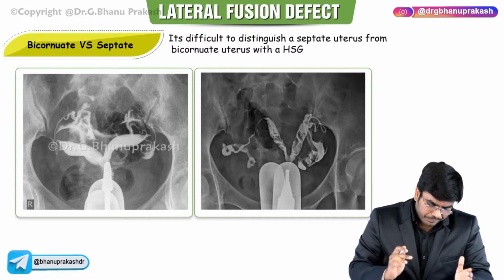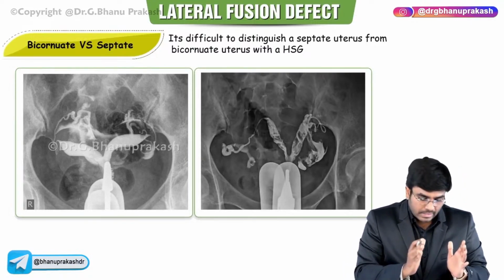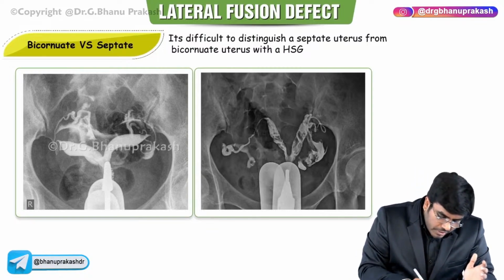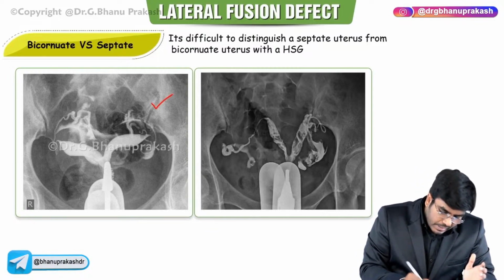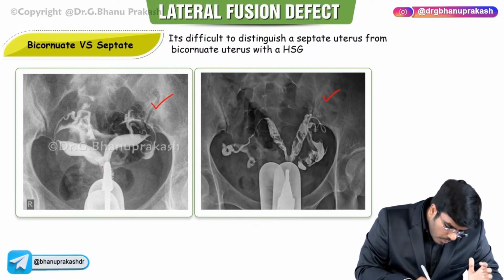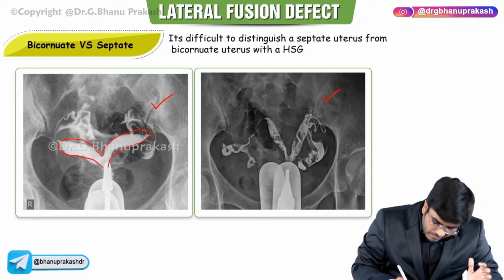Let's see. These are the hysterosalpingography images of a bicornuate uterus, this one, and a septate uterus. Now, please concentrate. In both the images, you can see these Y-shaped cavities.